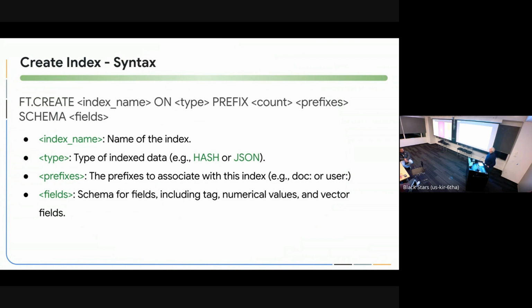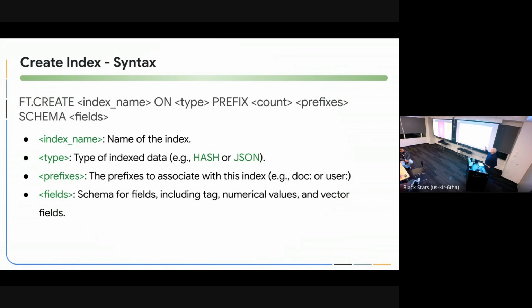Okay. So when you create an index, it has a bunch of fields in it. You define the fields, and each field has a certain type. So in that sense, it's very reminiscent of a SQL table. A Redis search index and a SQL table are sort of conceptually the same thing.